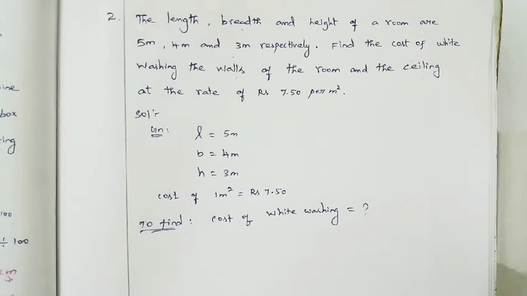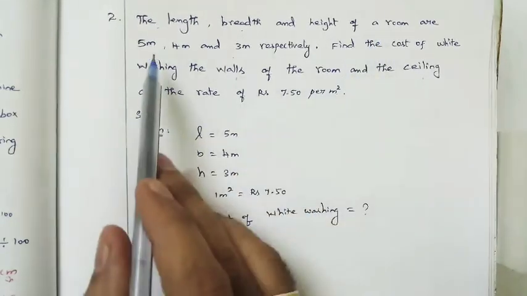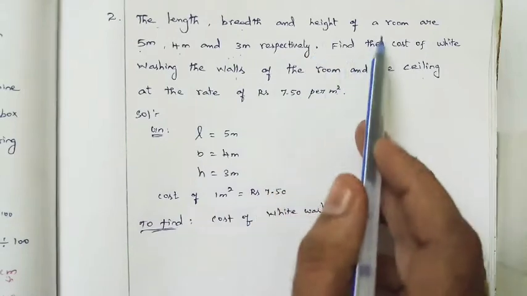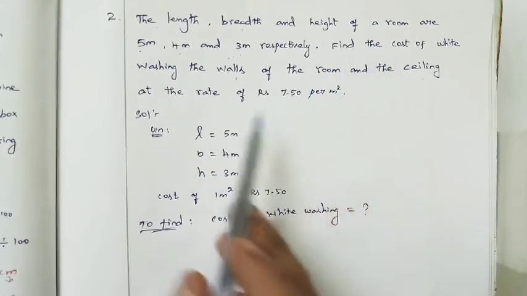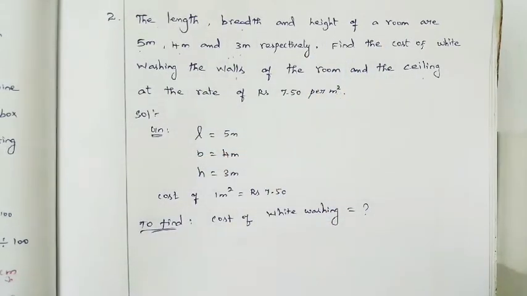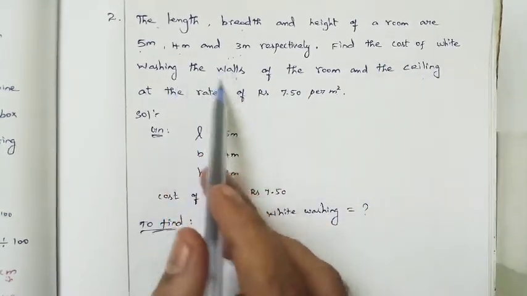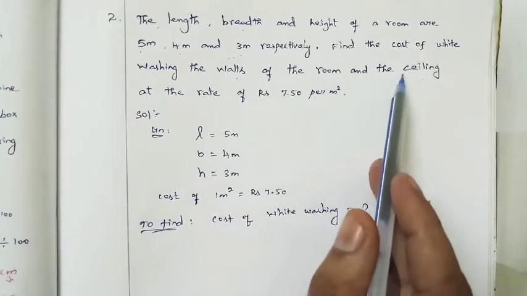So to find the surface area, it is the lateral surface area of a cuboid, because I told you length, breadth, height are 3 different dimensions. The room is in the shape of a cuboid. So lateral surface area of cuboid plus area of the top. We leave out the area of the bottom, because they whitewash the walls and the top of the room, the ceiling alone.